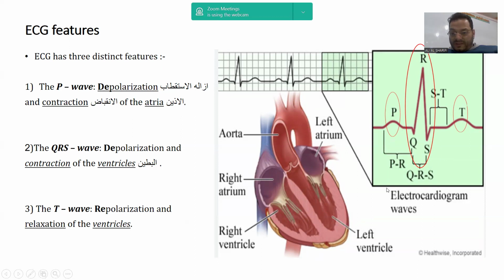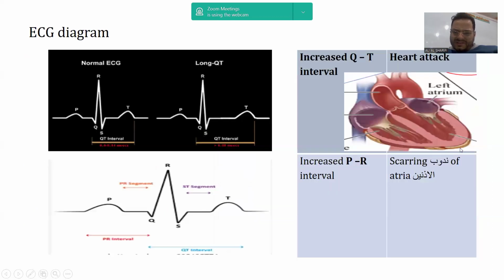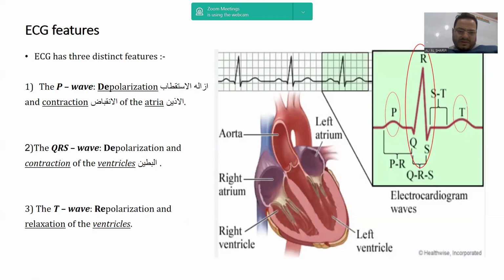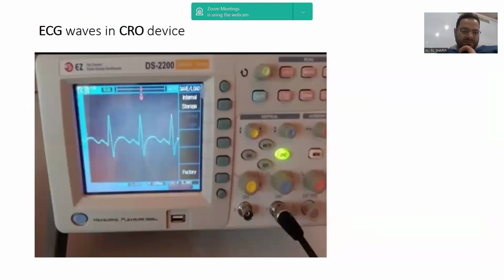And we didn't forget the intervals, the PR and the other one, QT. Actually, all of this information is important. I take many questions from it, so my advice is to be careful with this lecture.